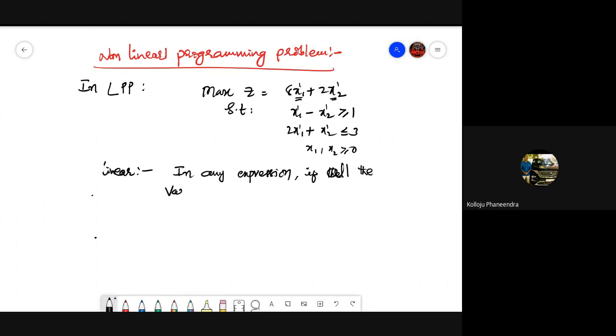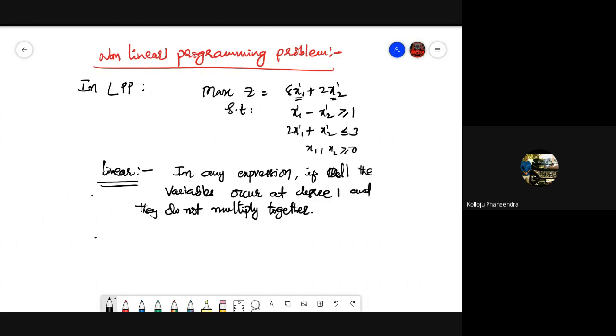In any expression, if all the variables occur at degree 1, and they do not multiply together, then that expression is called linear expression.